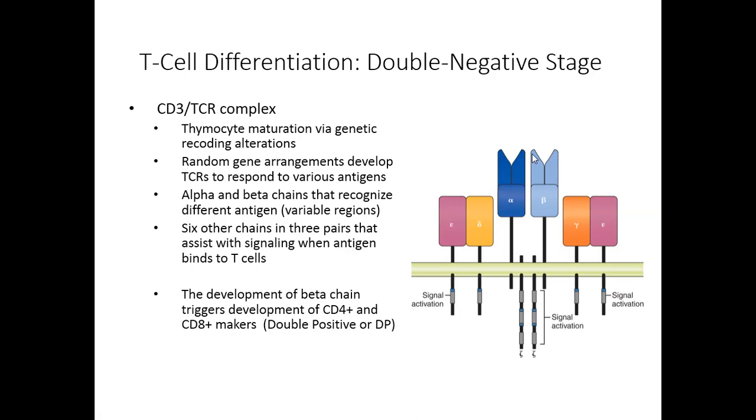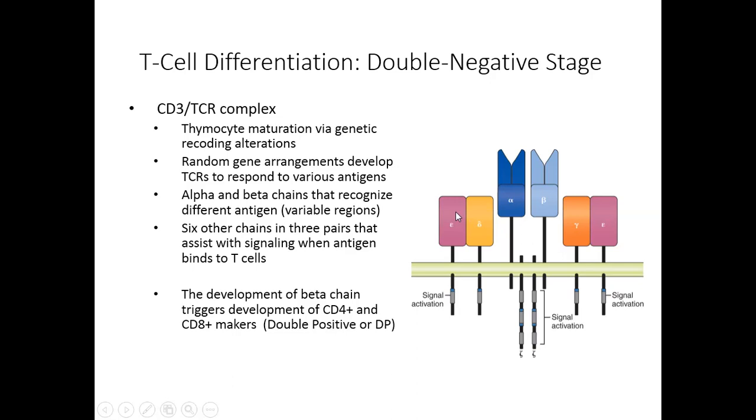So what happens is we've built the T cell receptor part of our CD3 TCR complex. We've built the TCR. At the same time, I told you we're building other chains, and we're building this CD3 complex. So we have a pair of chains here, a pair of chains here, and actually an intracellular pair of chains.